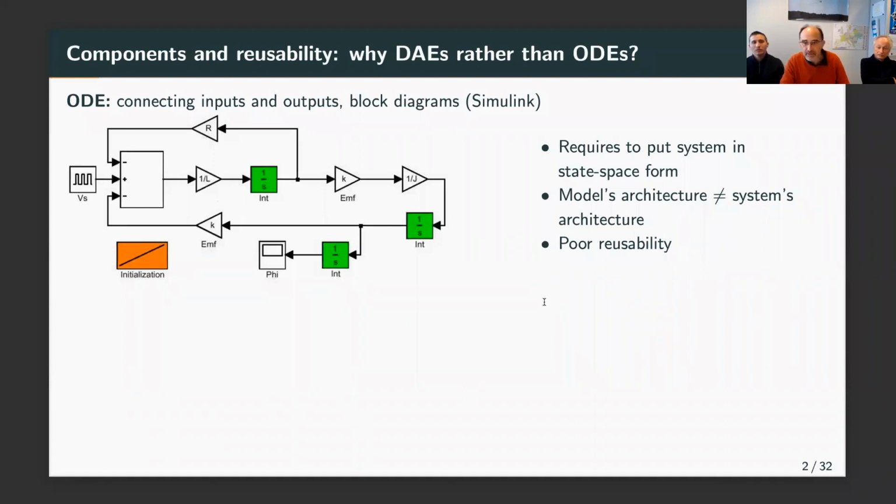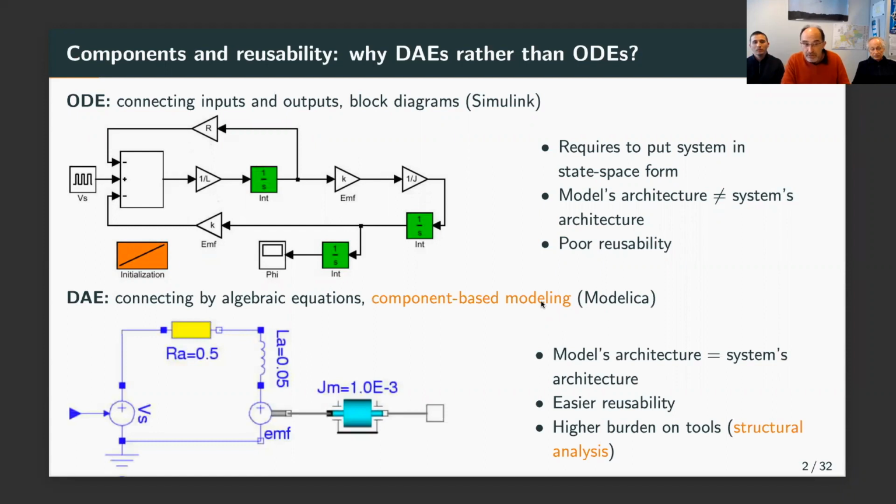It is not apparent, and this comes from the fact that in order to model the physical systems using ordinary differential equations, you have to put the system into a state space form. And this completely changes the mathematical structure of your model. And this is a big problem in terms of reusability of models of physical systems.